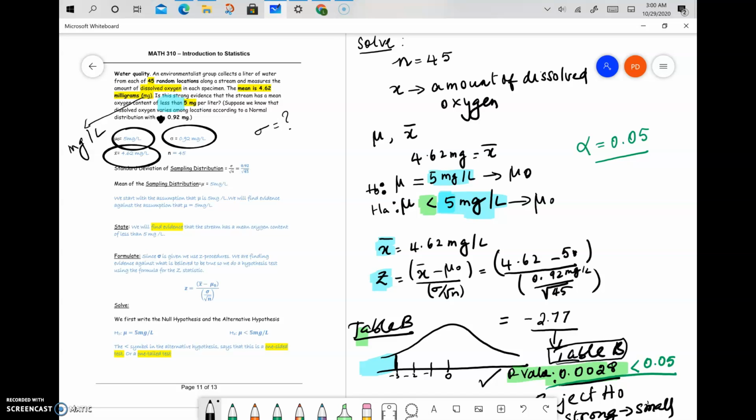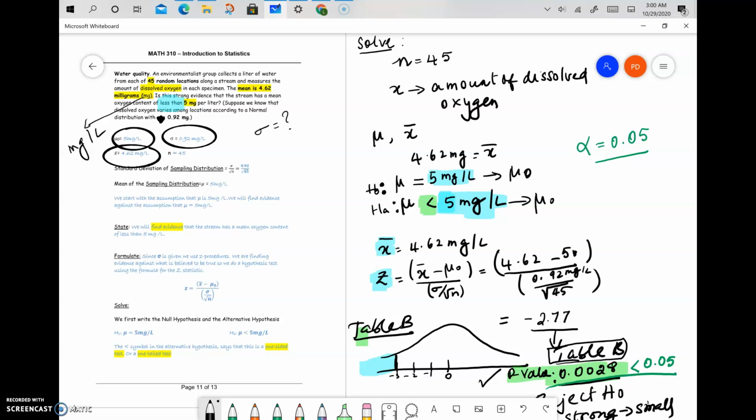The question here is asking us to prove something, to find evidence for something. So clearly this is a hypothesis test. When you're trying to prove something about the mean in chapter 14, that is a hypothesis test. If you're trying to estimate the mean, then that's a confidence interval that you need to construct.